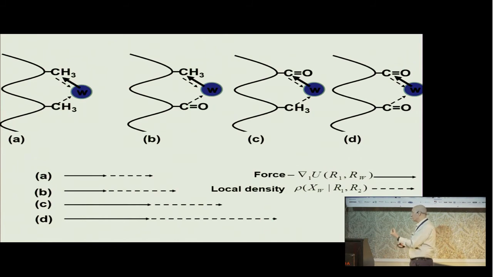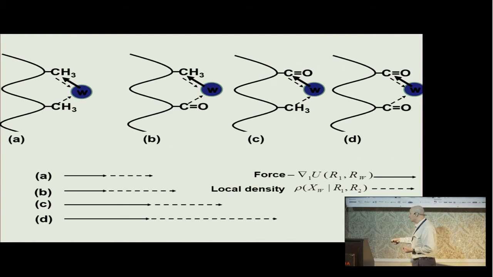So we will have relatively weak force induced by the solvent. Now, if we have, again, a hydrophobic group here and a hydrophilic group here, the force that is exerted by the water molecule on this CH3 will be weak as here. This is shown by this arrow. But the concentration of water molecules will be larger because of this hydrophilic group.